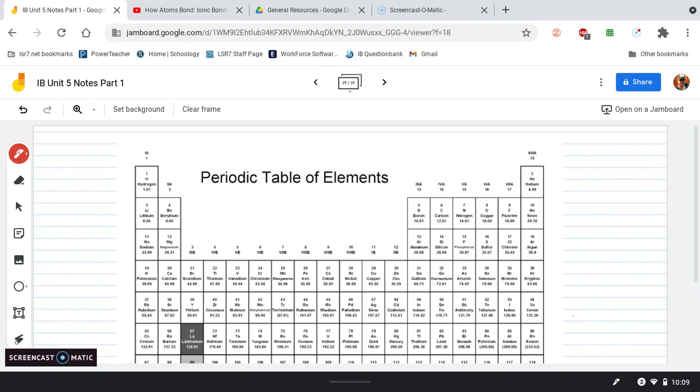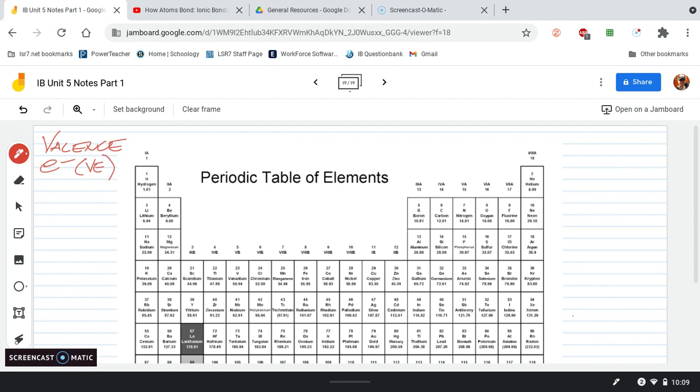So we know valence is on the outside, but we need to be able to look at the periodic table and figure it out. So the way the valence electrons work, and I'm going to write valence electrons, and we're just going to abbreviate that with a VE.